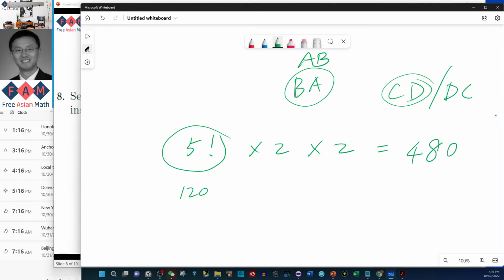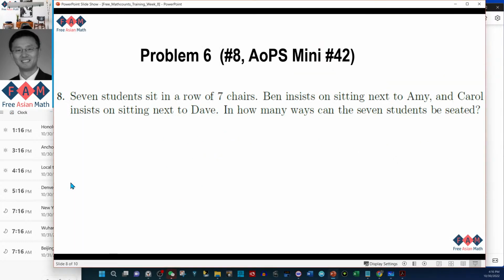Whenever you see something like this, we do not advocate that you memorize tricks, but this is so standard. When you have a seating problem where 2 students need to sit together, a natural way to think about it is that you have 1 less student, but 1 special student.